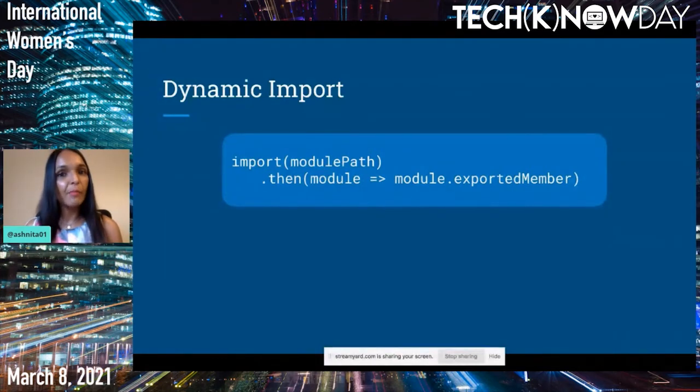It will parse it and compile it. It just won't execute just yet. I mean, no, it will. Yeah, and then it'll return a promise. So when the promise is resolved, then we have access to that module, and we're able to use the exported members from that module.